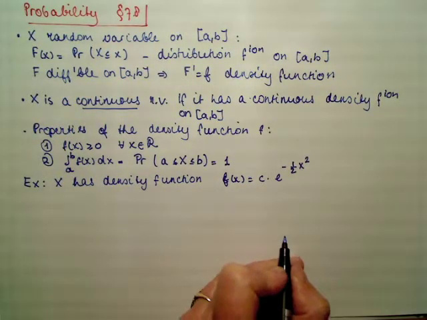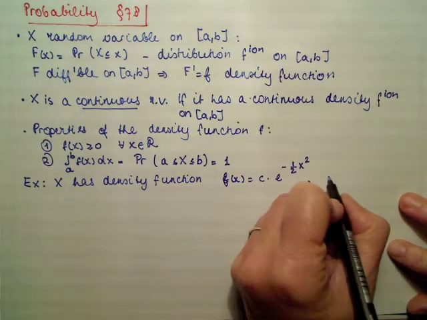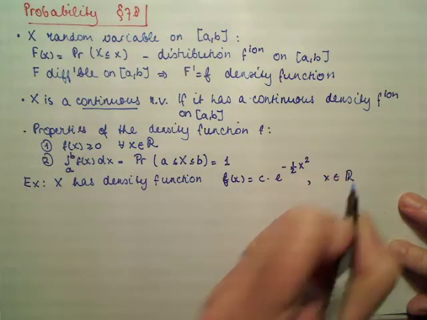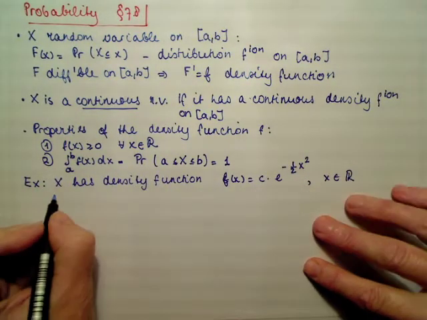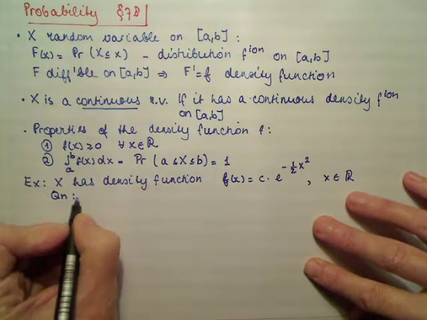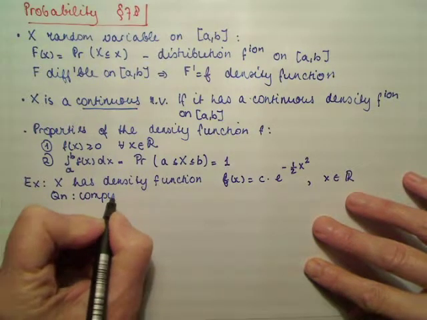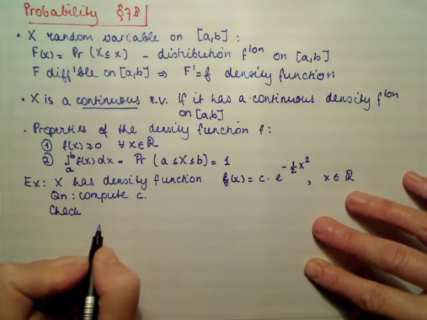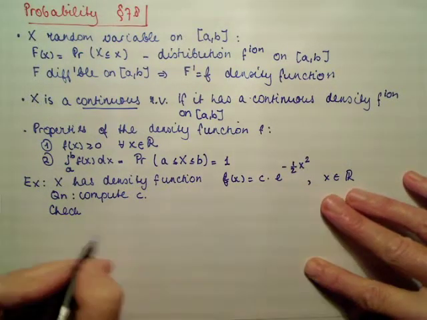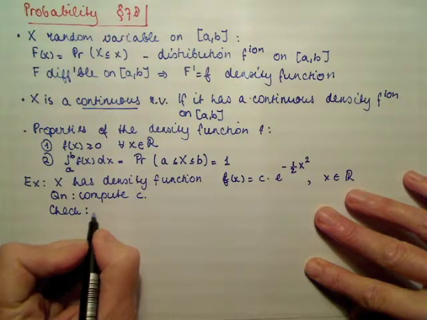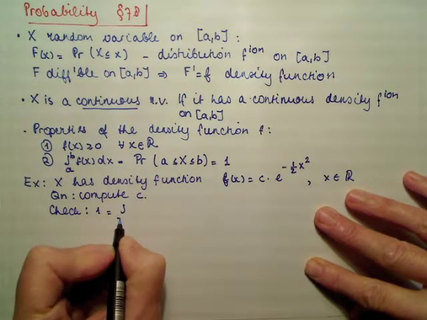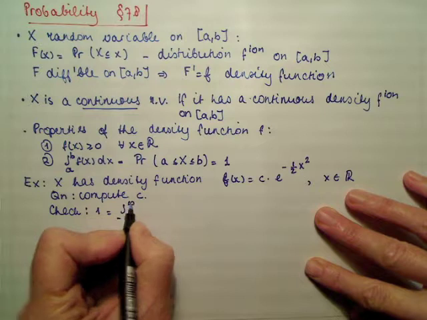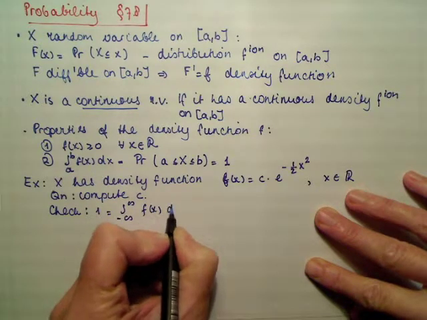You know this function already, and we take it to be a density on the whole space. The question is, what should this constant be? We have to check whether the properties are satisfied. This function is always non-negative, so what we have to check is whether, if you integrate over the whole space, we get 1.